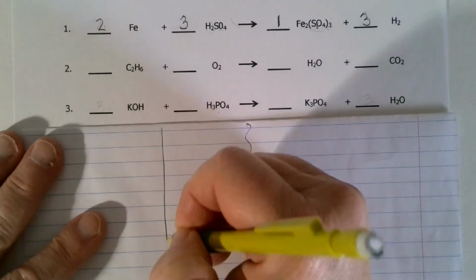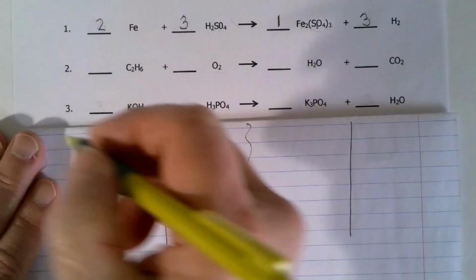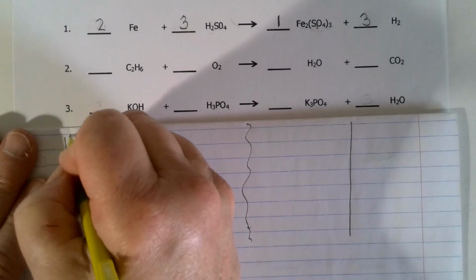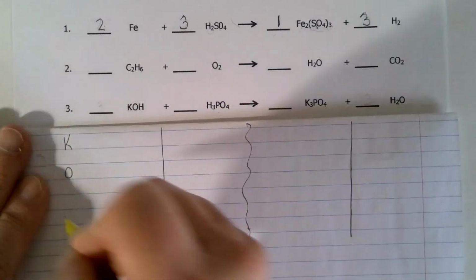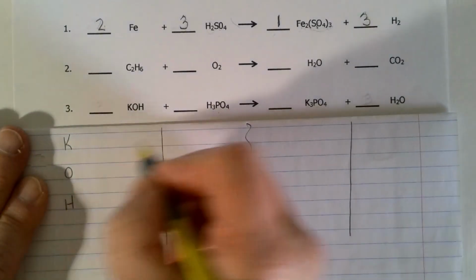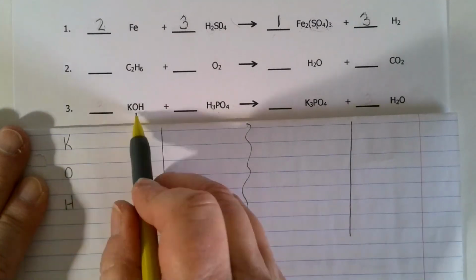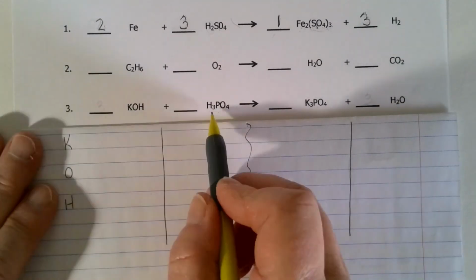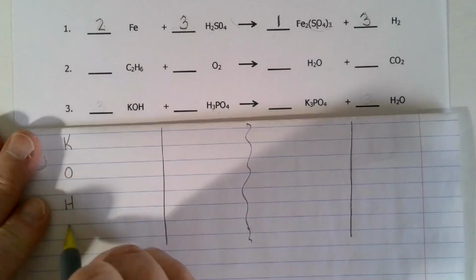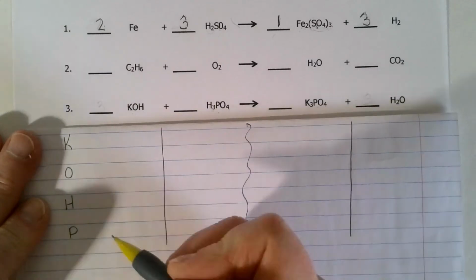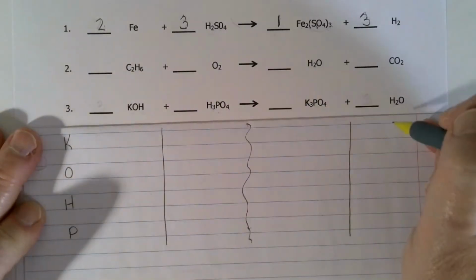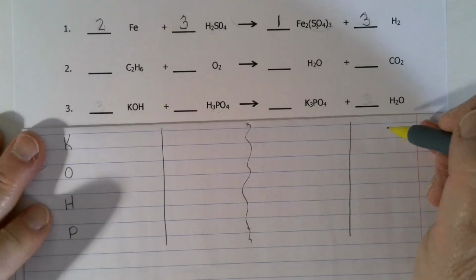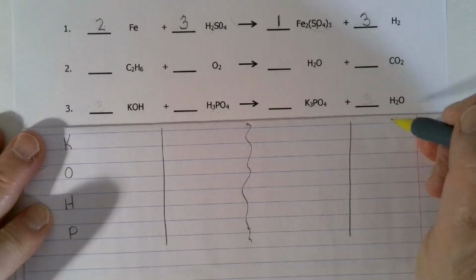I show where my addition signs are, and I'm going to list the elements in the reactant side. I have a K, I have an O, and I have an H. I already have the H and O and a P. I should have the same thing over here if I wrote my equation correctly, and it looks like I did.